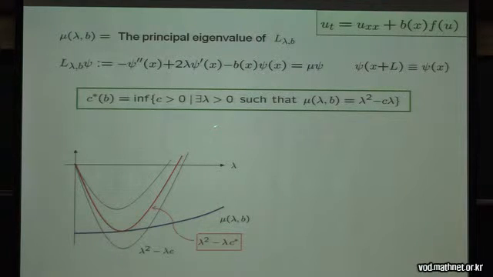You can compute mu of lambda B as a function of lambda explicitly, because all you need is just to compute this eigenvalue of this operator, where B is a constant on one side and 0 on the other side. Then you can compute explicitly by using exponential functions, because it's a constant coefficient, but the constant changes suddenly, so you have to match them. But the computation is not that difficult.